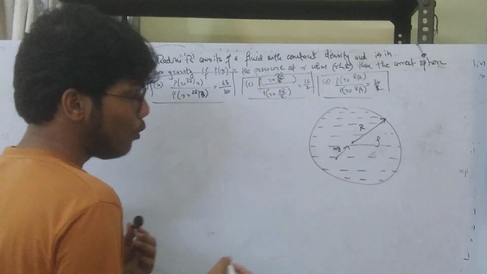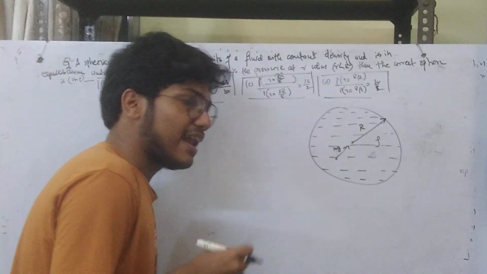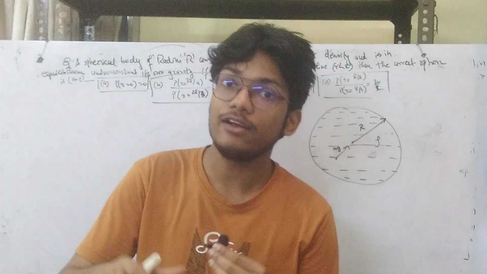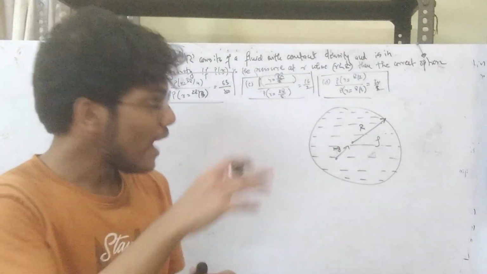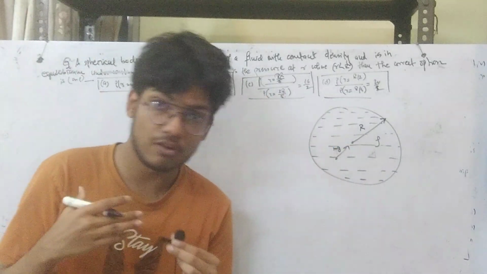Now, for it to be in equilibrium, another force must be applied which opposes the gravitational force. As the gravitational force is towards the center, the opposing force must always be away from the center.